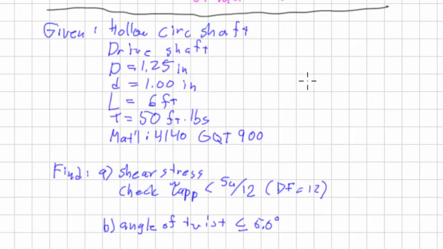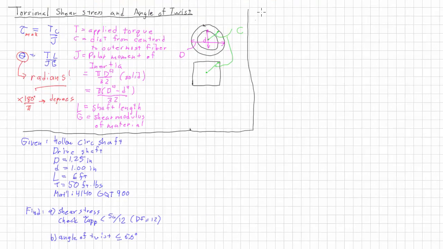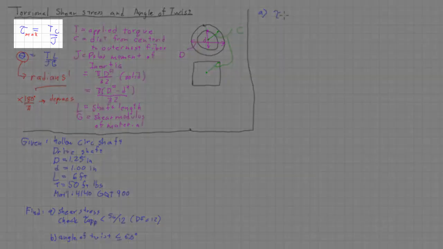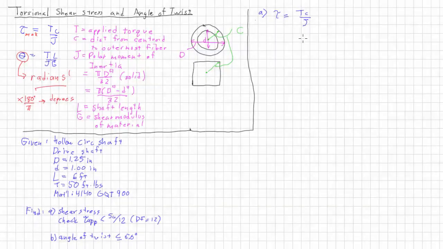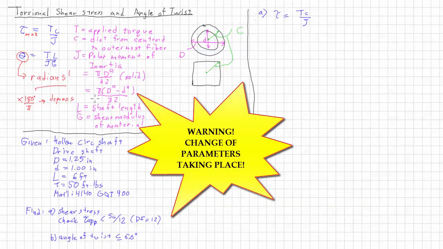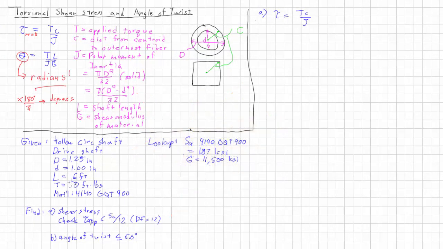All right, so let's get moving on part A. For A, we want to calculate the shear stress, so we use that cool formula: tau equals TC over J. You know, I'd forgotten I was going to change that from 50 to 250 foot-pounds.